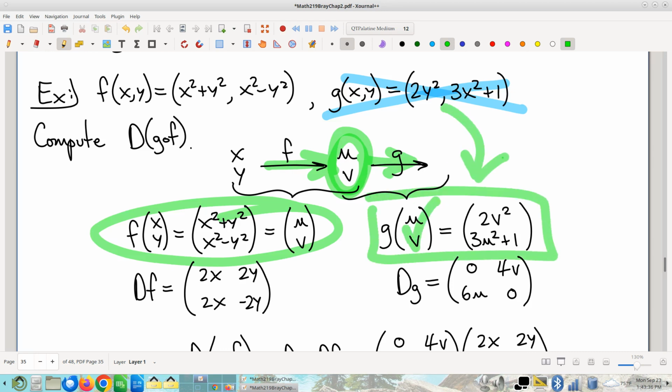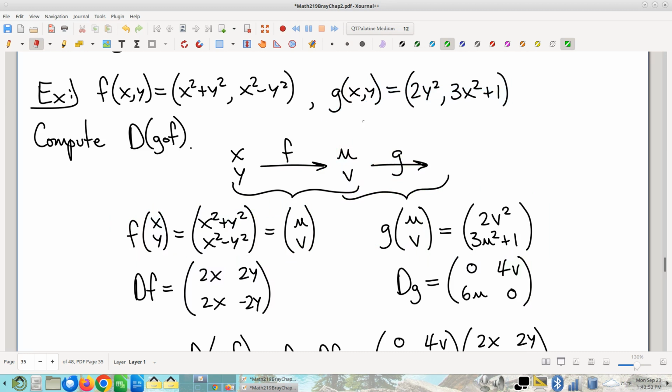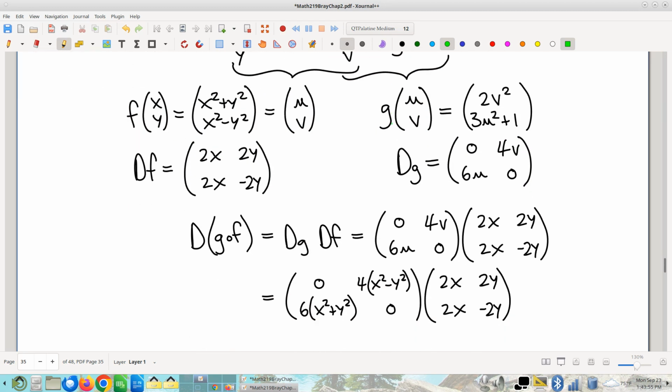Right? So you take the exact same function g, just written now in terms of different dummy variables to match up with what's coming out of f. And then there is no confusion of variables issue left to be worried about. Just write that, derivative matrices multiply just like you normally would.